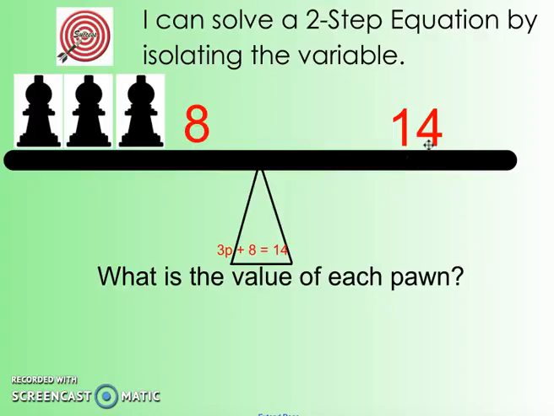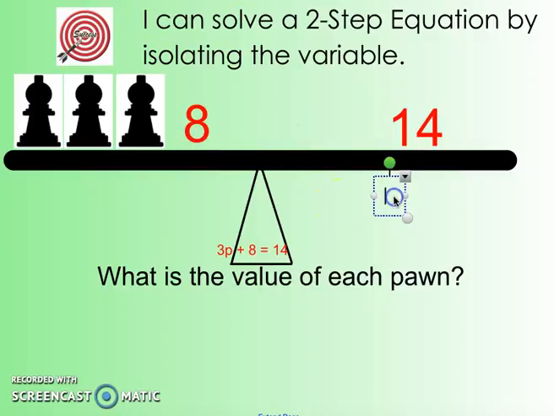Well, first of all, 3 of these pawns together represent what number? What value would all 3 of them have together? Yeah, they would represent 6. Why? How did you get that? Oh, I love it.